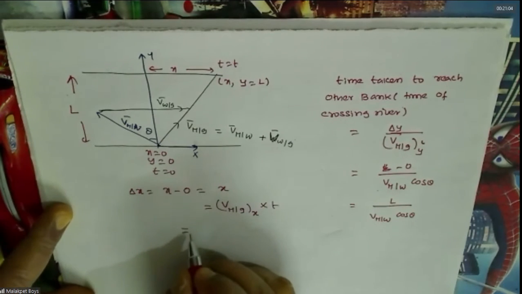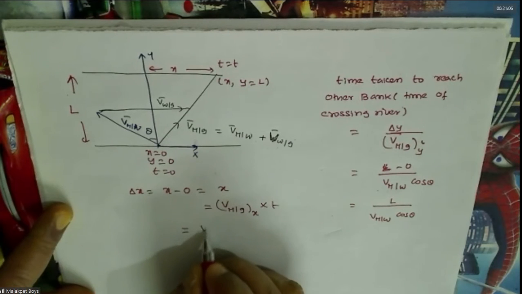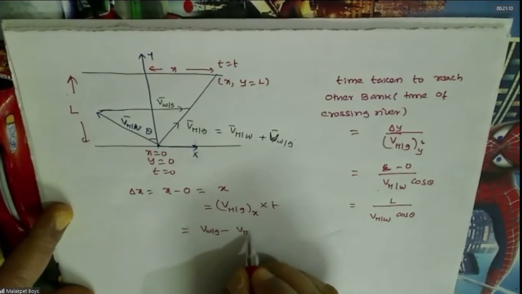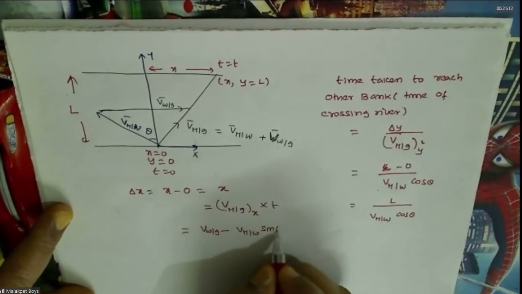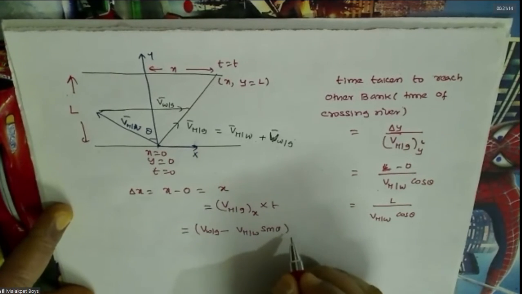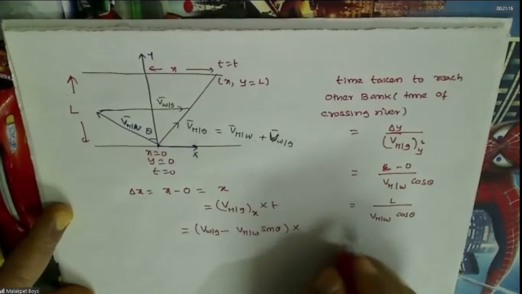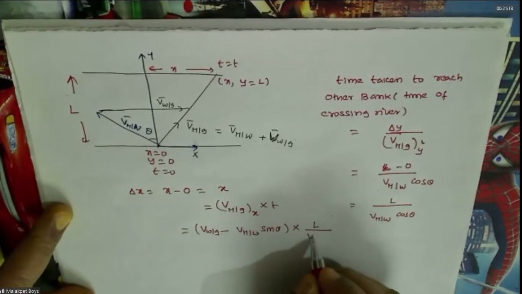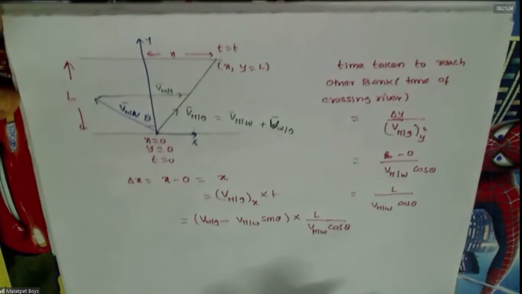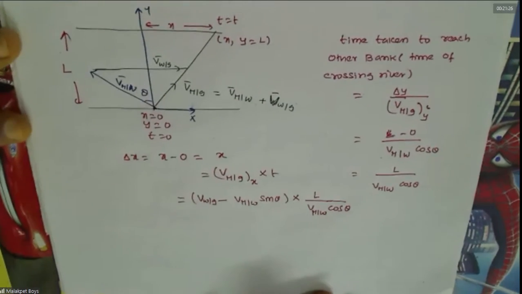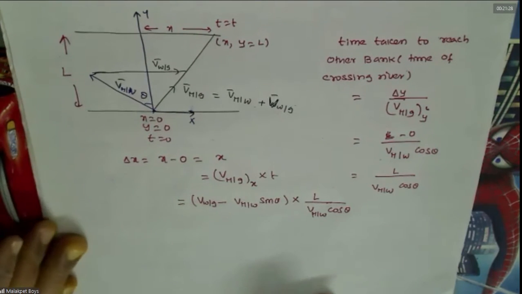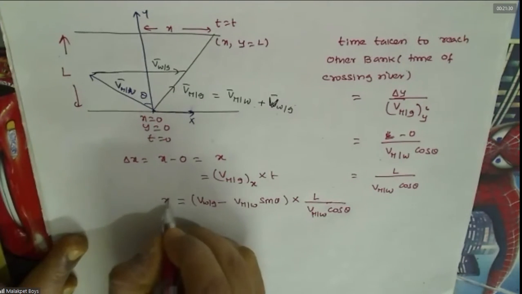The velocity of man with respect to ground in the x direction, you have seen that this is nothing but VMW sine theta into t, which is L by VMW cos theta. Till here you followed? Any doubt is there till here? No, sir. So finally you got this.